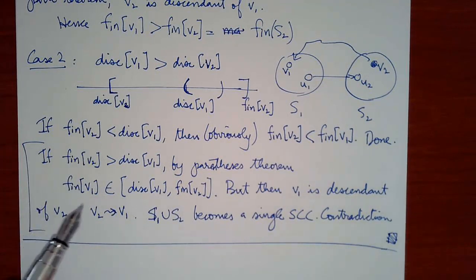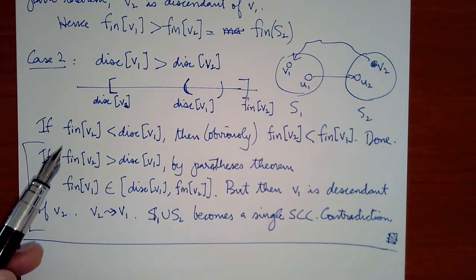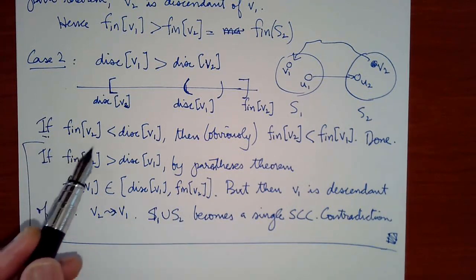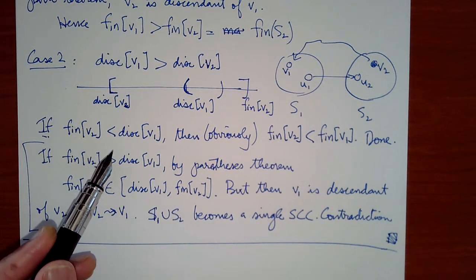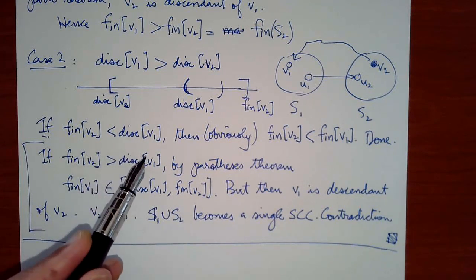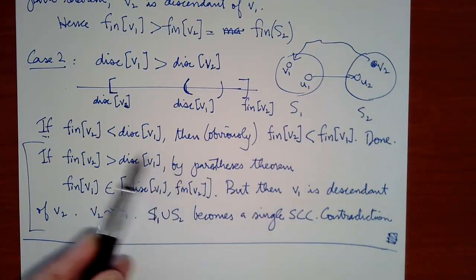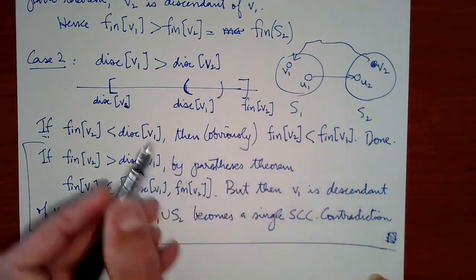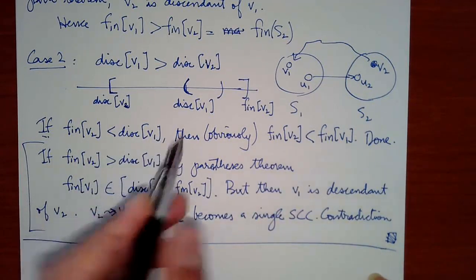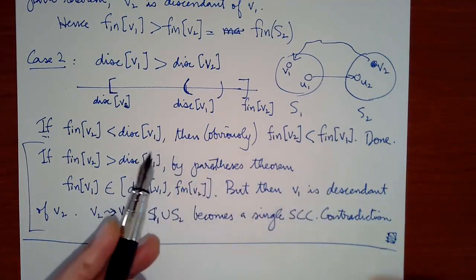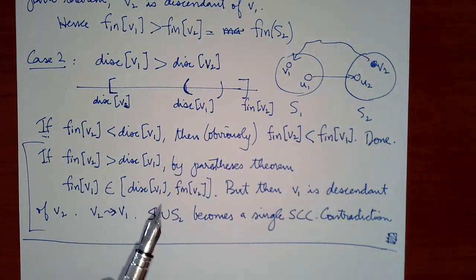In the first case, where finish of V2 is less than discovery of V1, there is nothing more to establish, right? Because you know that the finish of V1 is greater than the discovery of V1, because every vertex obviously finishes after it's discovered.